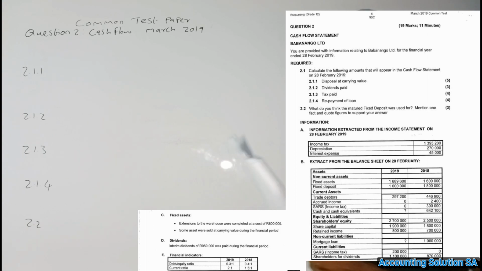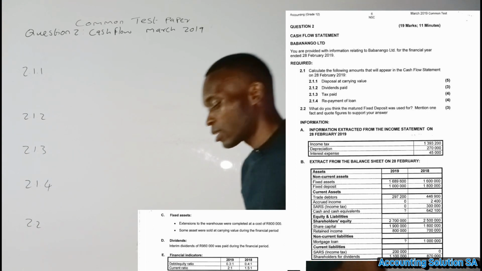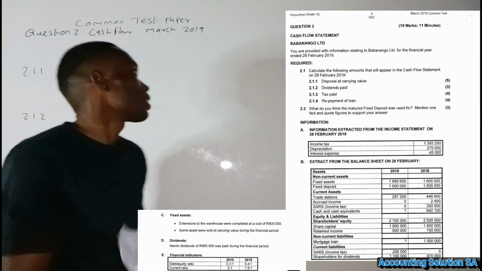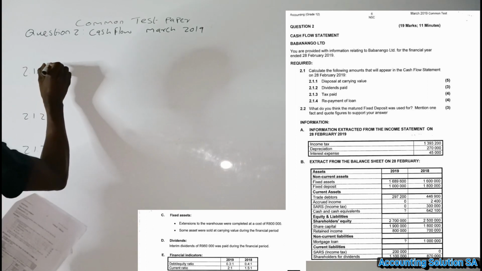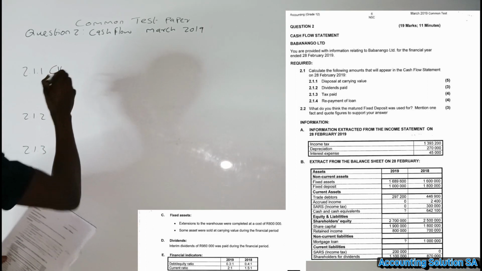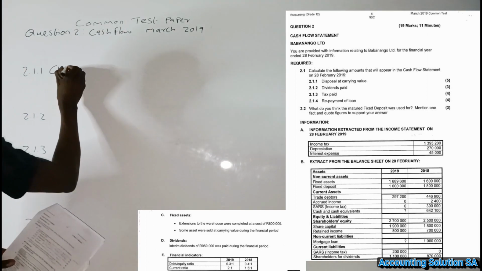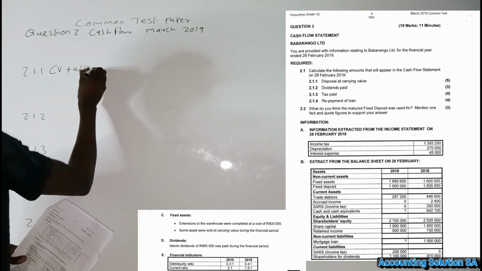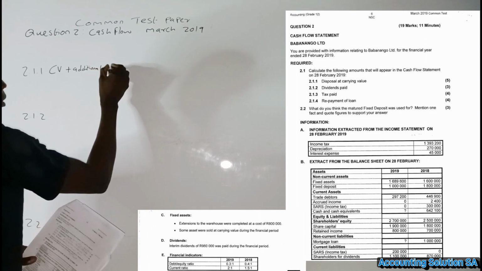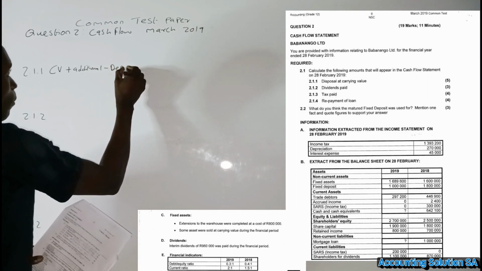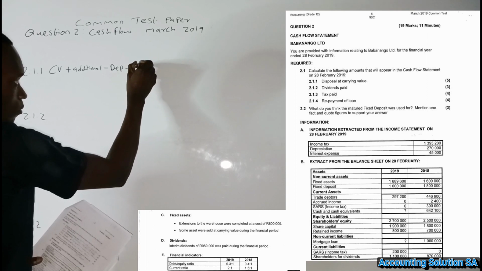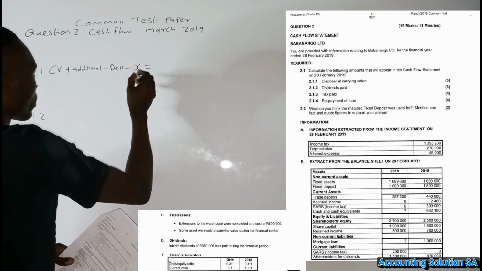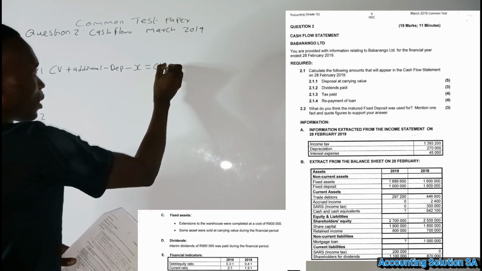The formula that you need to use, guys, is similar to the formula that you use when you prepare your fixed assets. The formula says carrying value at the beginning, the one that you got on top, plus additions, minus depreciation, minus disposal at carrying value, which is the one we are looking for, an X. Then this gives us carrying value at the end.